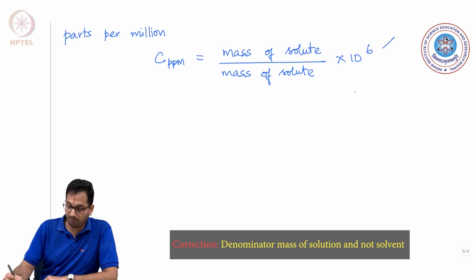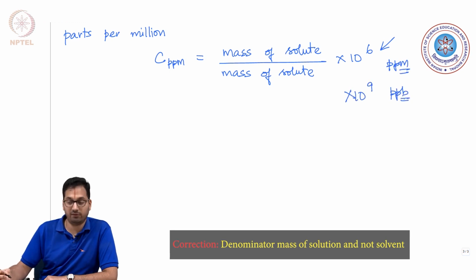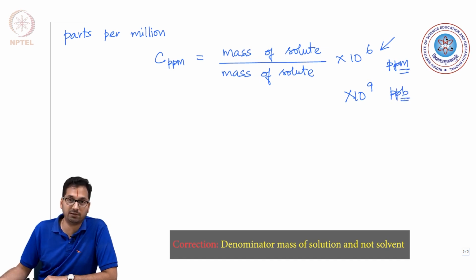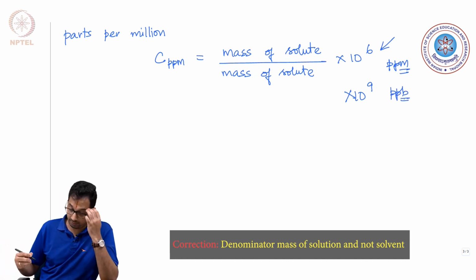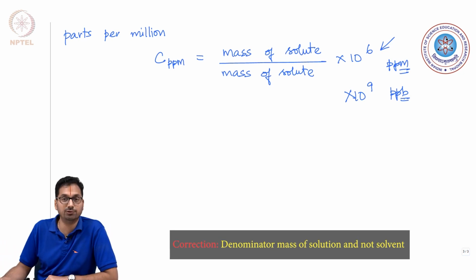And you are able to realize the 10 power 6 factor is what makes it parts per million. If you multiply this by 10 power 9, that is going to make it parts per billion, and of course 10 power 12 would make it parts per trillion, and so on and so forth for very dilute solutions.